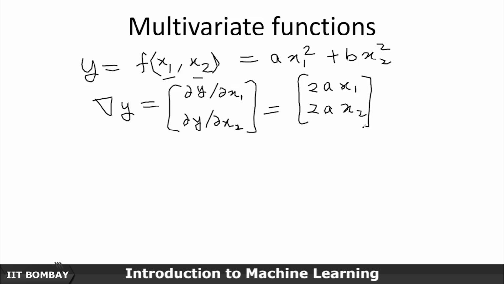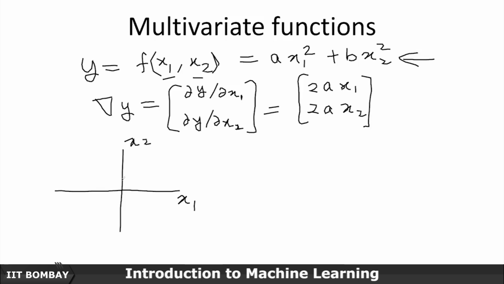Okay. So, how do we visualize these functions? I cannot draw in 3 dimensions, but let us say you have a plane of x1 and x2. Now, if I take the locus of those x1 x2 locations where y is constant, then from this equation I will get ellipses, right.